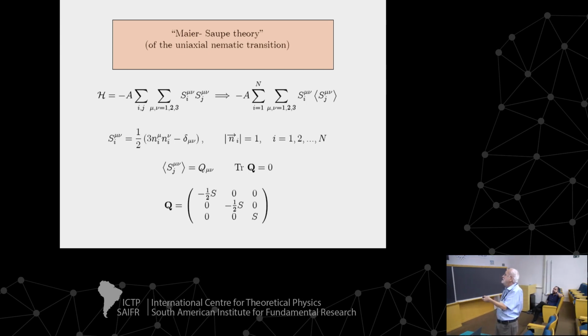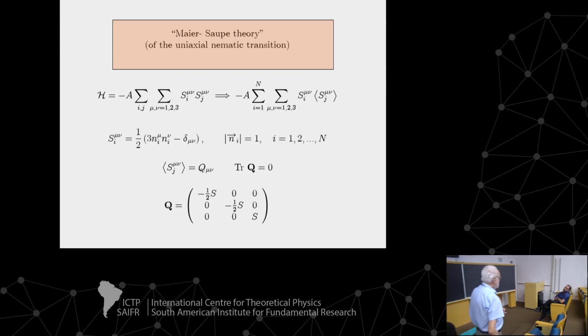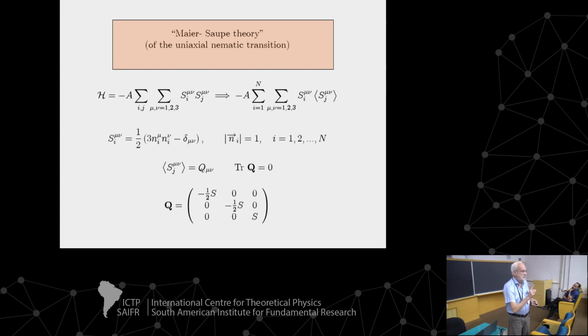It is interesting because the trace of this quadrupole is zero, and there is the solution, the average value. The average value is a quadrupole, and the trace is zero. That's the uniaxial case. Because in the biaxial case, we can break this symmetry: minus 1 over S and minus 1 over S.